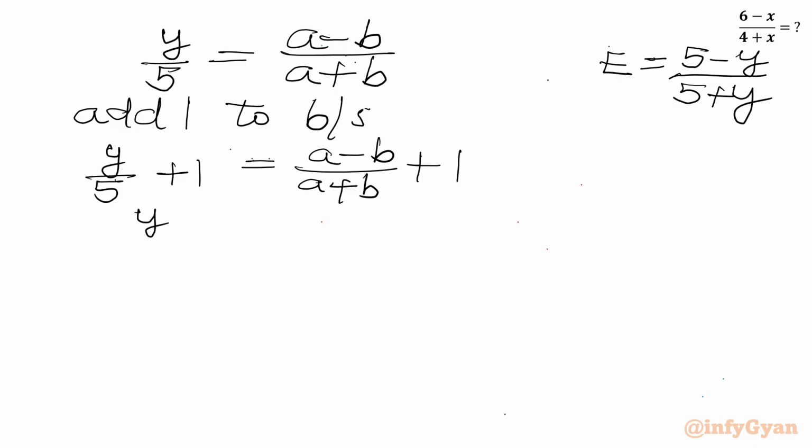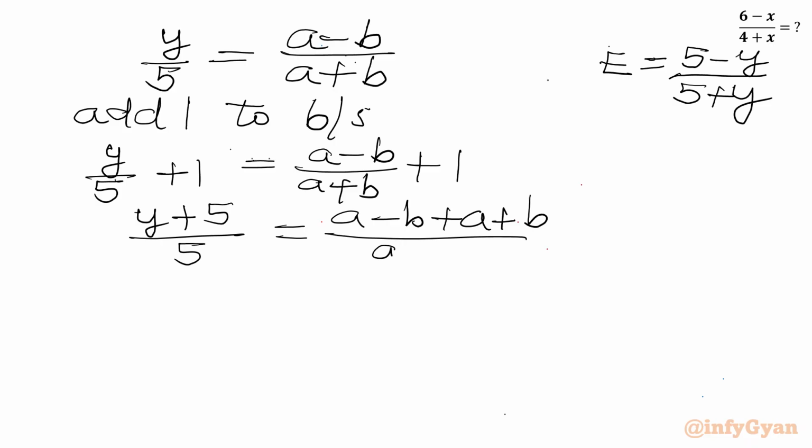So this will give us (y plus 5) over 5 equal to (a minus b plus a plus b) over (a plus b). So plus and minus b will be over. We will get 2a over (a plus b).